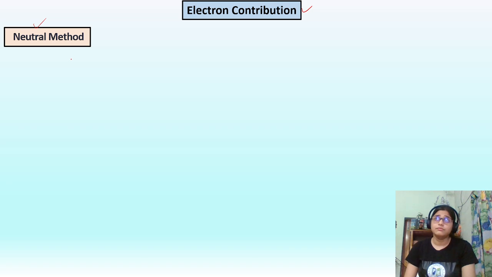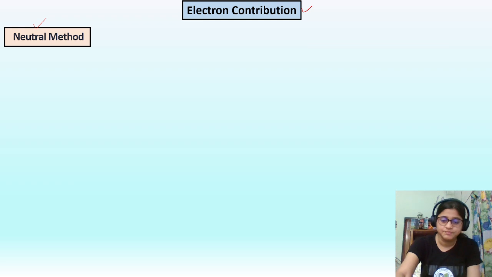If you know both methods, you can be confused in the exam hall about the contribution of a specific ligand. So please focus on one method and learn it properly, then you can answer any question.